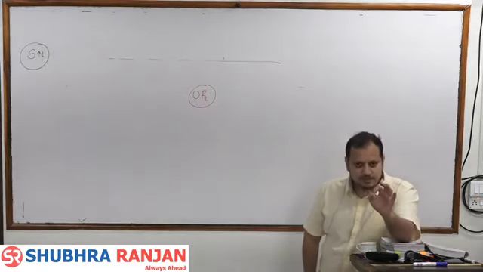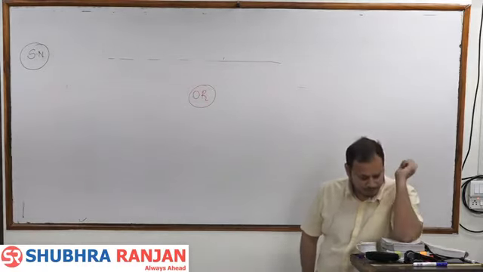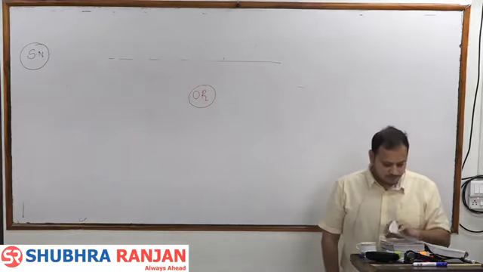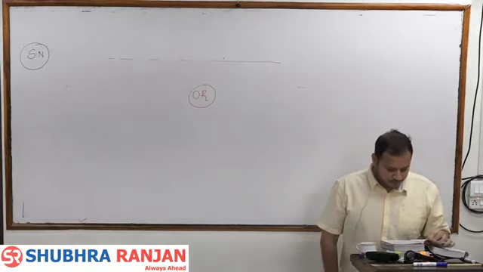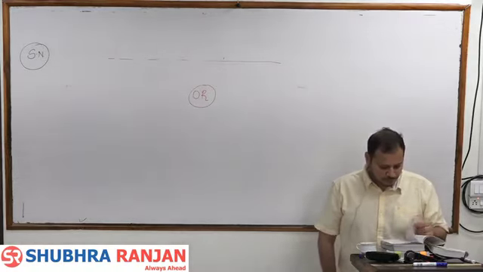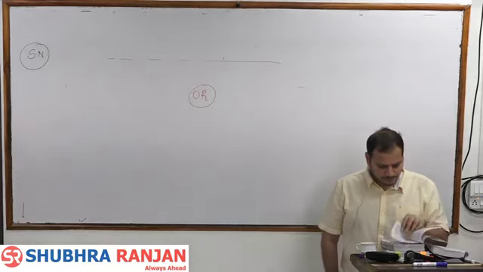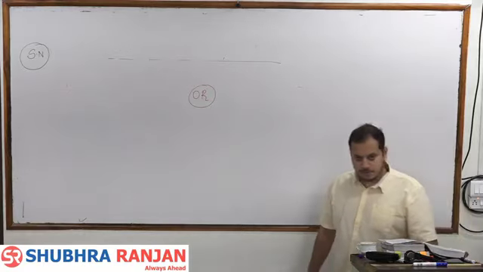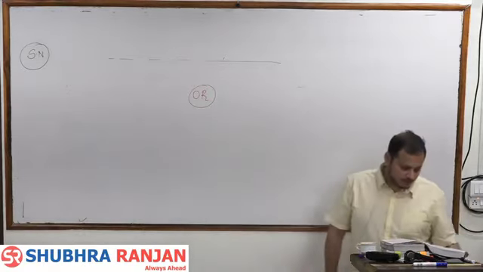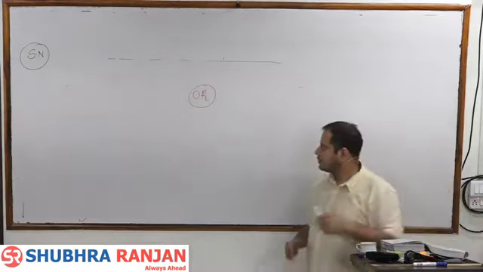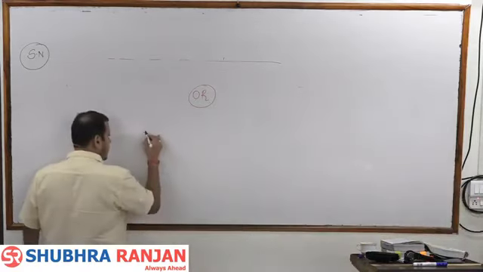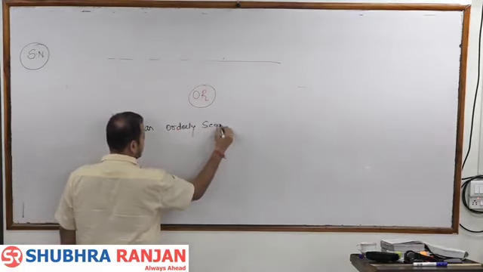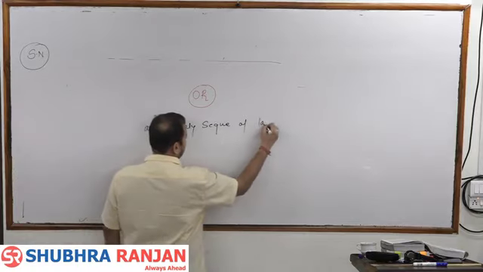The second statement is: the external agents of erosion act upon the earth to produce an orderly sequence of landform.